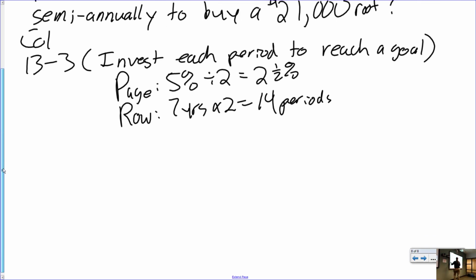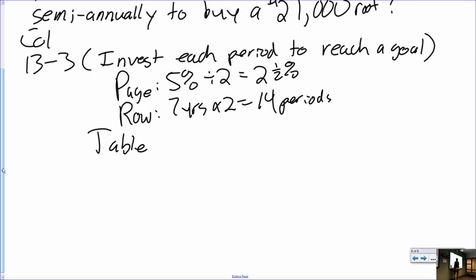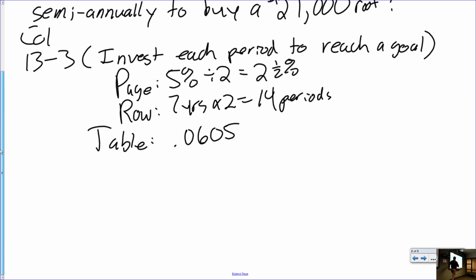What's my table value? .0605. Multiply by the $21,000 I'm going to need for my new roof. How much do I need to invest every half year? $1,270.50.